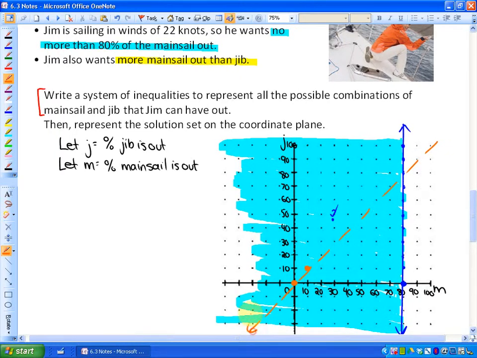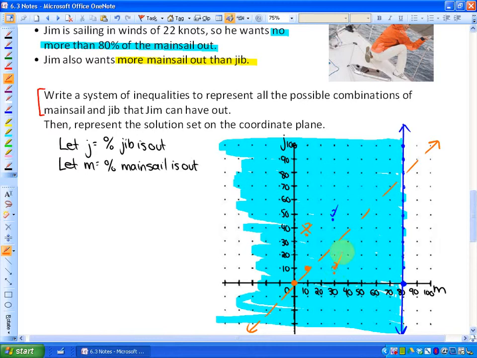Now, let's take a point at random. I'm going to put a point right here, or a question mark I should say. Does this point where there's 40% jib and 10% mainsail have more mainsail out than jib? The answer to that is no. And what you'll notice is that a point on this side, here's a mainsail of 30 and jib of 10, this side would have more mainsail out than jib.